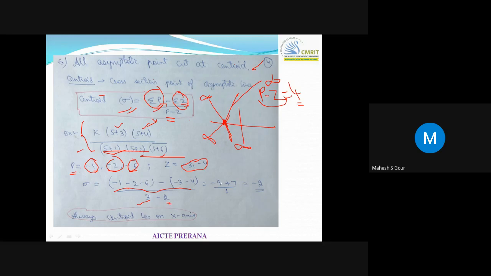You will get -9 plus 7 by 1, so the centroid is -1. The centroid always lies on the x-axis. Even if the roots are complex, the imaginary part gets cancelled, so the centroid always lies on the x-axis.